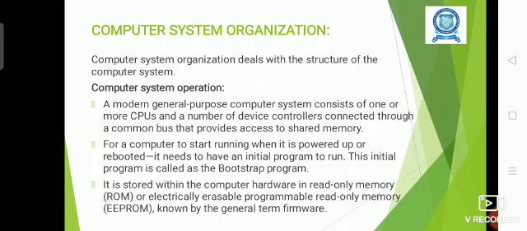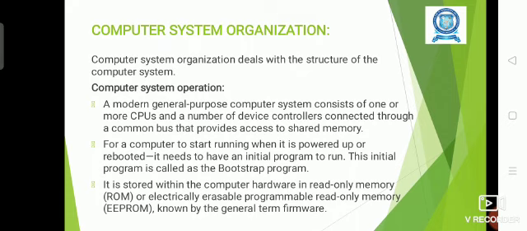Device controllers means each input-output device will have its own device controller to control its activities and to interconnect it with the CPU. The device controllers and the CPUs are connected through a common bus, and the memory is also connected in between them.